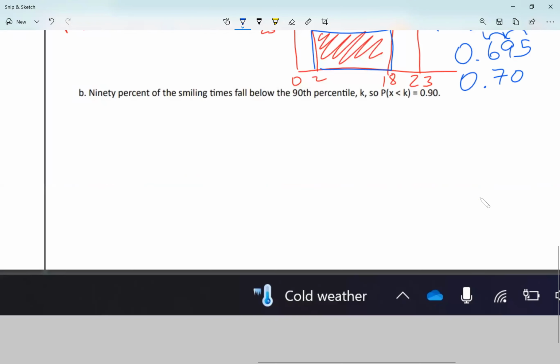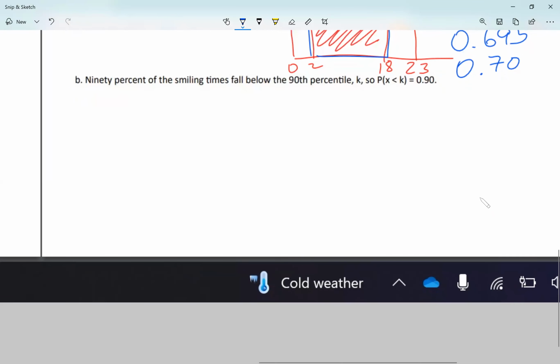Okay, now let's take a look at over here too. 90% of the smiling times fall below the 90th percentile, which we're going to call K. So the probability that X is less than K is equal to 0.90. Okay, well, let's find the K. What's the 90th percentile of this? All I know right now is that the probability that X is less than K is 0.90, and I don't know what K is. That's what we're going to figure out.